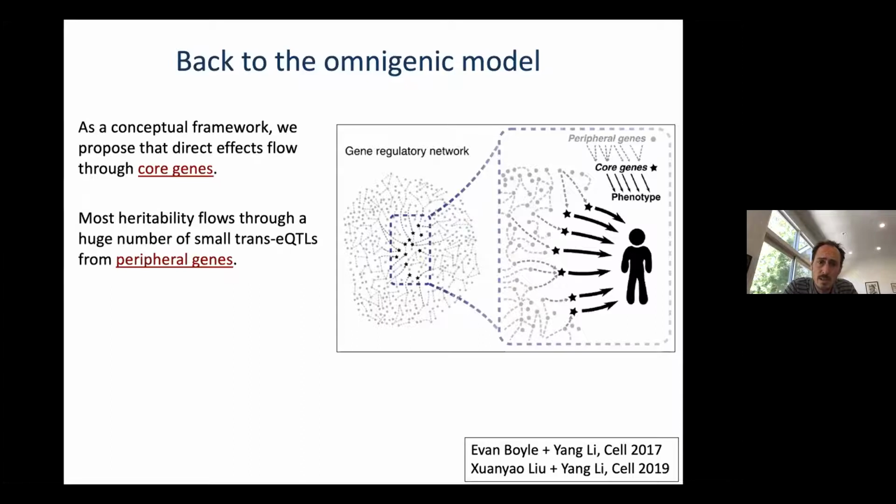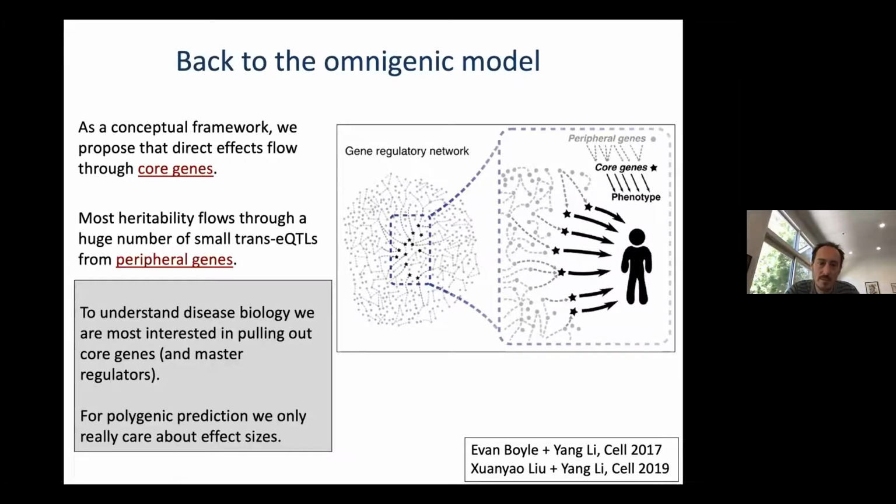So just to wrap up, as a way of understanding why so much of the genome may matter for complex traits, we think it's helpful to make a conceptual distinction between genes with relatively direct effects, which are core genes. But at the same time, we believe that most of the heritability is flowing through an enormous number of small trans-eQTLs from peripheral genes that are very difficult to detect, but they're contributing most of the trait variance.